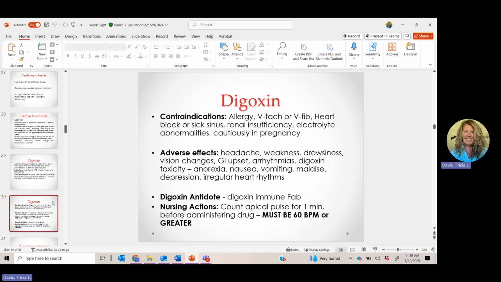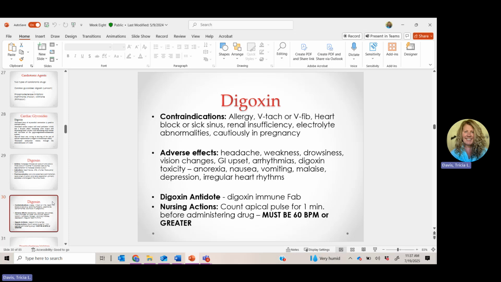We really worry about this in our older adults because they get dehydrated, their electrolytes get wonky, their potassium, and when this happens, they're at a higher risk for developing digoxin toxicity. You definitely need to know these adverse effects: headache, weakness, drowsiness, vision changes, vomiting, arrhythmias, digoxin toxicity.